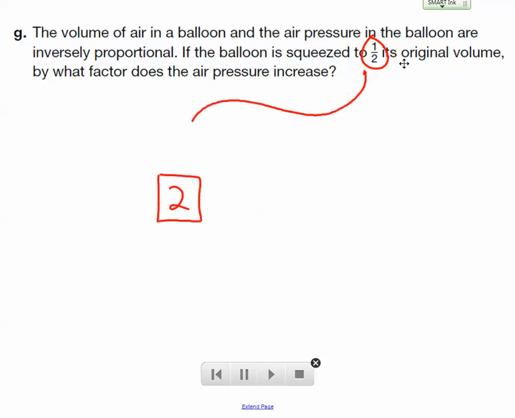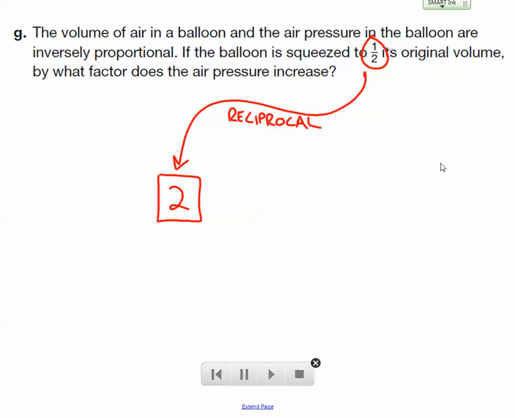If it's inversely proportional, then the air pressure is going to increase by 2 times as much, because you just take the reciprocal. So if they were directly proportional, then the scale factor would just remain the same. But since they're inversely proportional, you take the reciprocal of the scale factor, and you're done.